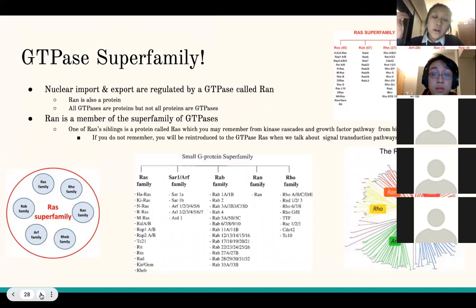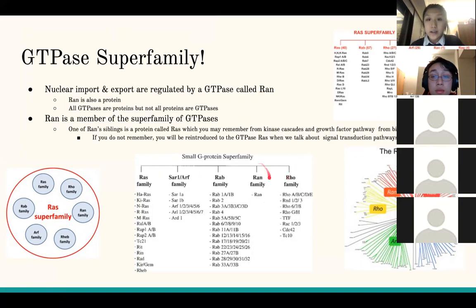Okay, so as an umbrella term, nuclear import and export is regulated by the GTPase Ran. And GTPases is this big superfamily. It has a lot of different enzymes and proteins located under it. So it's this huge umbrella term, as you can see from all of these different pictures. Ran is just one member of this family.